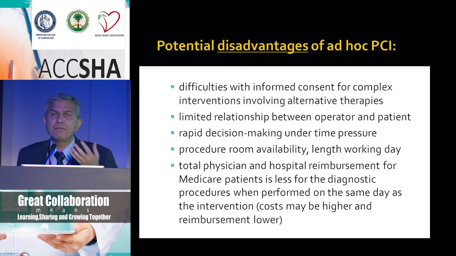How can you really inform the patient on the table when you have a complex anatomy and have a true informed consent? There is also a limited relationship typically between the interventional cardiologist and the patient, especially if that patient was referred to the interventional cardiologist for a cath. So this rapid decision making under pressure is not ideal.